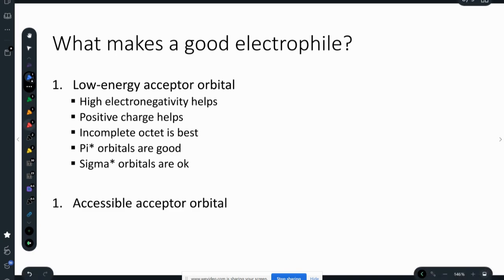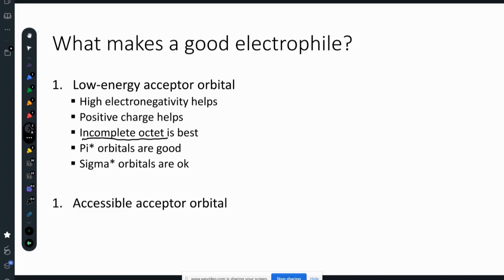Something with an incomplete octet. So for example, when I talk about an incomplete octet, what do I mean? What's the kind of thing we've seen that has an incomplete octet? We've run across it a number of times. Well, lone pairs usually fill up the octet of an atom, right?